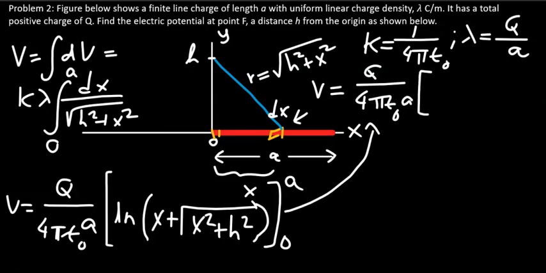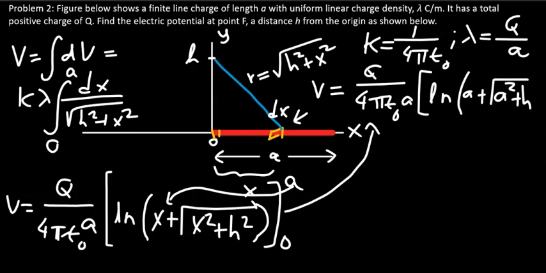Let's do the upper limit. So that is natural log. x will be a, so that is a plus square root a squared plus h squared. Now the lower limit when x is 0, and that's simply going to be natural log of h.